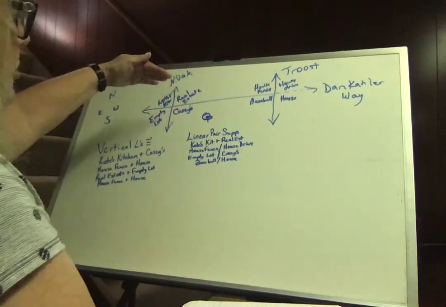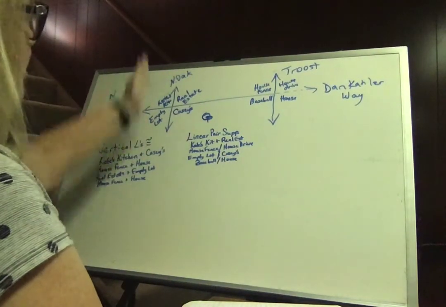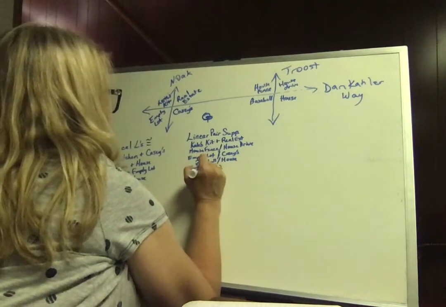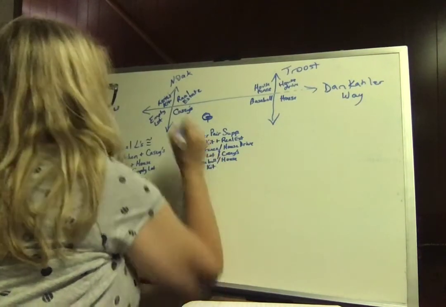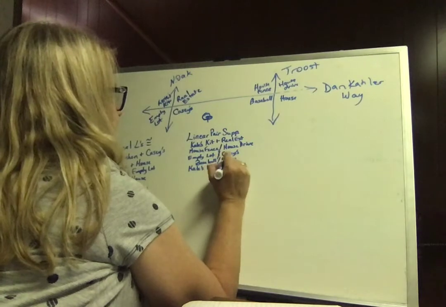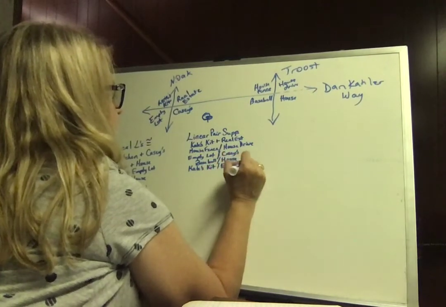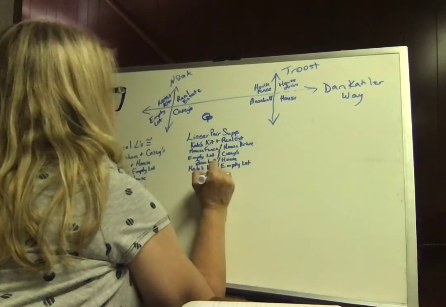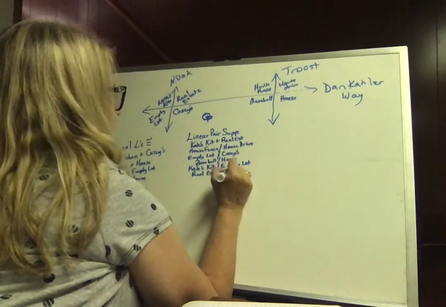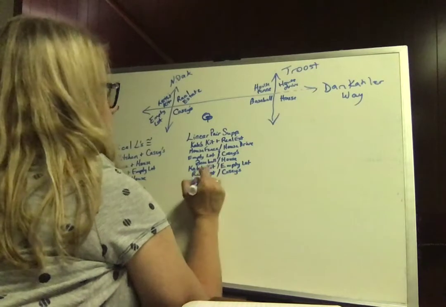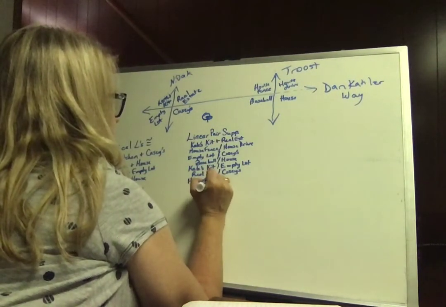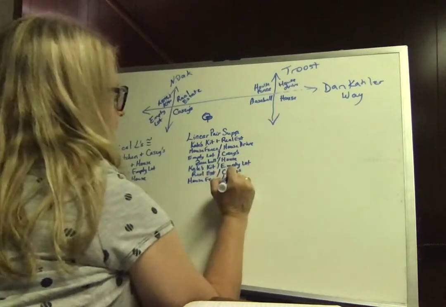But they don't have to go just right and left. Don't these two form a line? Kate's Kitchen and the empty lot. Real estate and Casey's. Up and down, house with the fence and baseball.